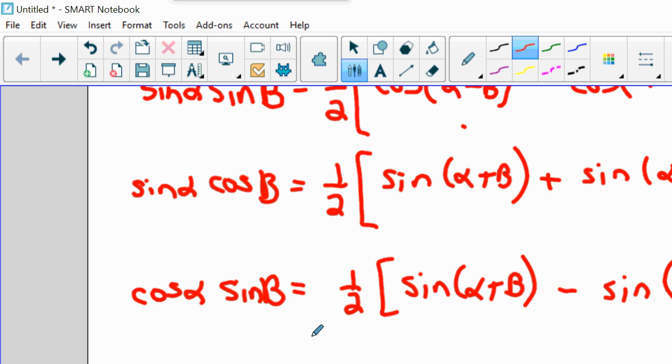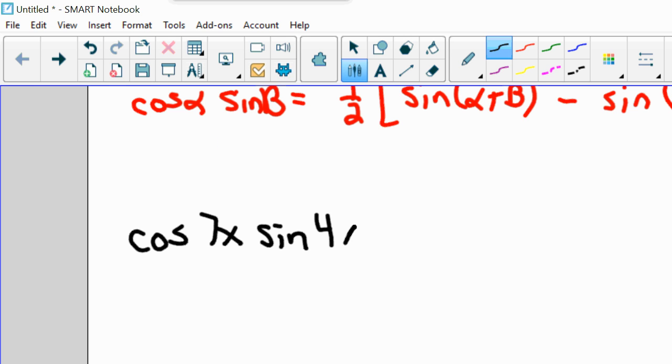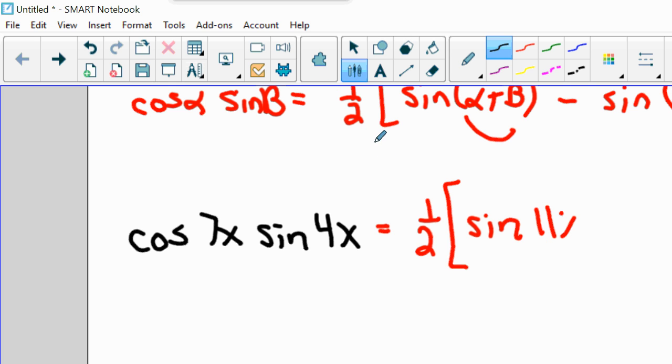So, for example, if you get cosine of 7x sine of 4x, that's really 1/2 sine, add the two, 11x, minus sine, subtract the two, 3x.